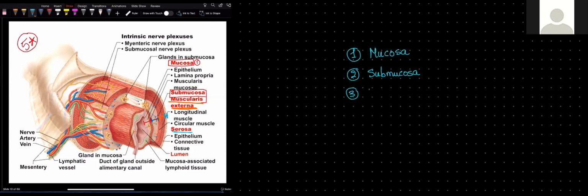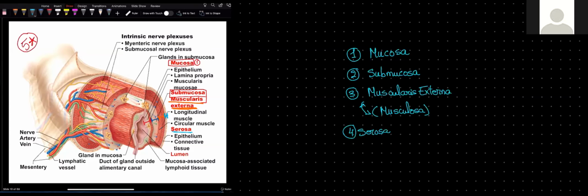This is going to be my muscularis externa, or in some textbooks, they will call it musculosa. So if you see musculosa, this is the same as muscularis externa, the muscle layer of the gastrointestinal tract tube. To the outside of the musculosa or the muscularis externa, we've got a layer called the serosa.